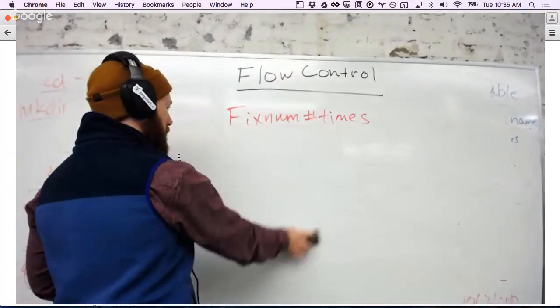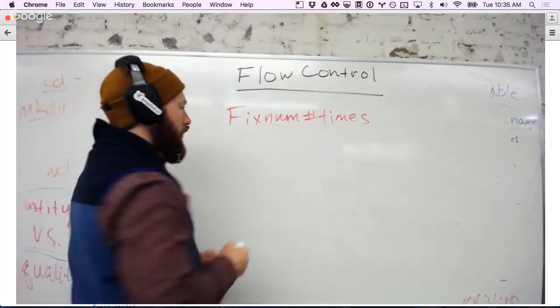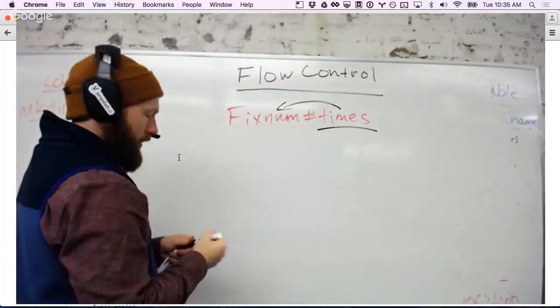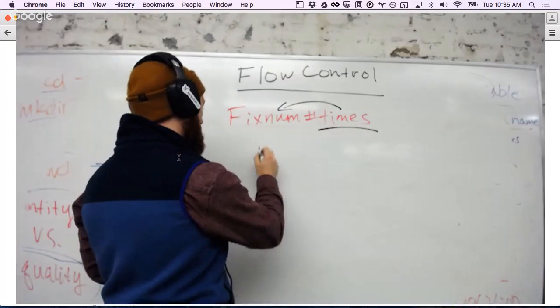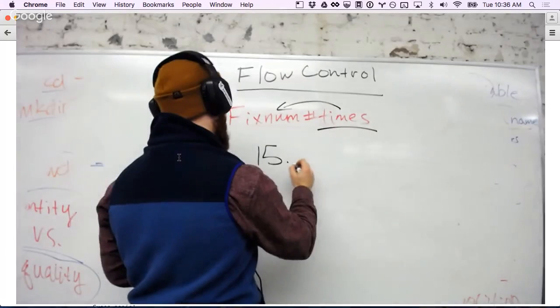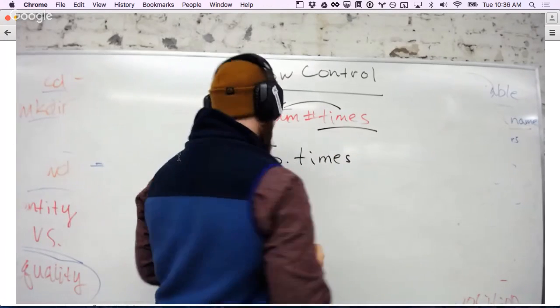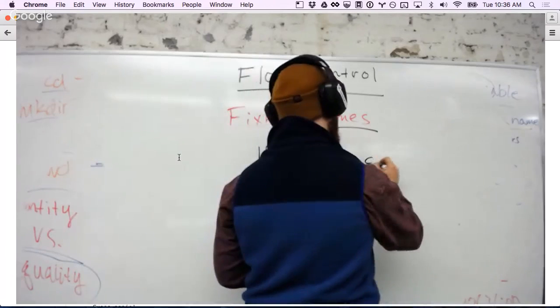The way it works is we're going to call the times method on a fixed num. What is a fixed num? Well, remember, a fixed num is just a number. So say I want to do a thing 15 times: 15 dot times. Remember, the dot is calling the method there. And what I need to do here is give it what's called a block.